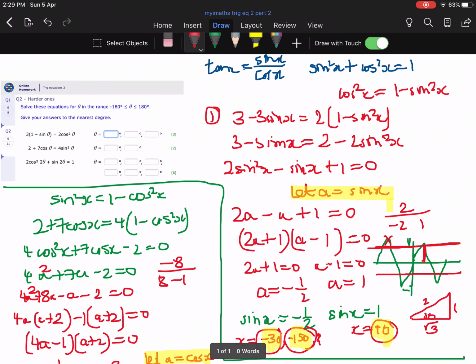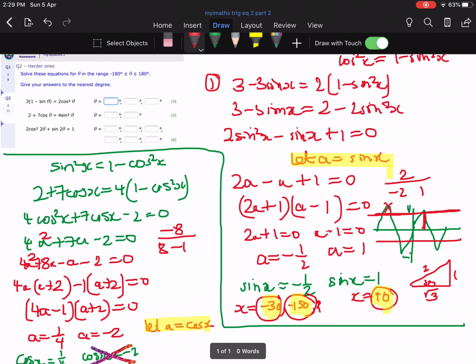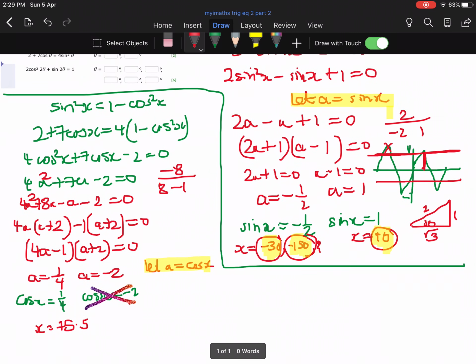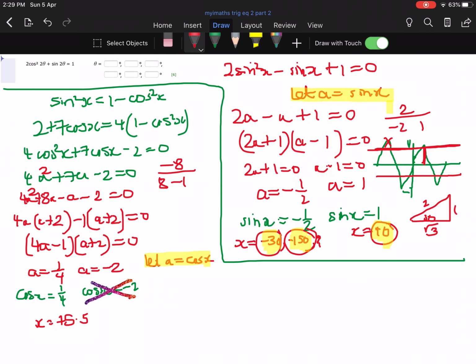And as for my answers to the nearest degree, I'm looking for two possible answers. All sine, tan, cos, a quarter is positive, so it's that and that. But what you need to remember is that the cos graph is symmetrical as well. If you remember, it goes down, up, down.